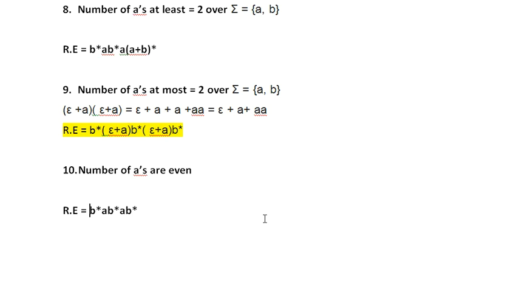Now if I want an even number, then I can take the whole thing to the power star, correct? If star value is 0, then number of a's will be 0, correct? If star is 1, then number of a's is 2. Star equals 2, then number of a's will be 4. Star equals 3, number of a's will be 6, and so it goes.